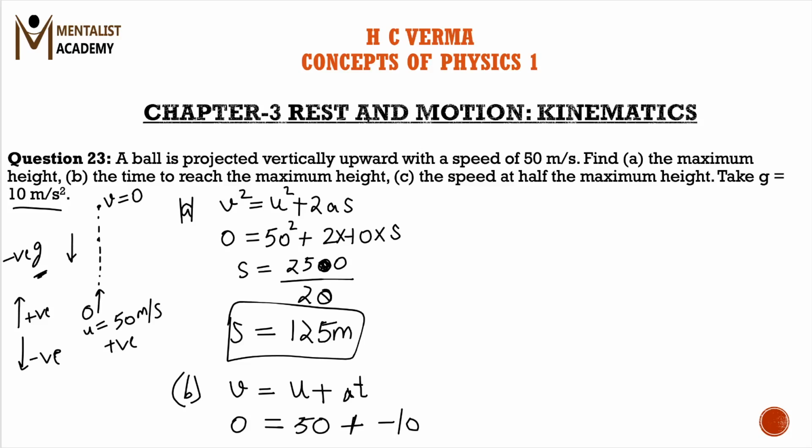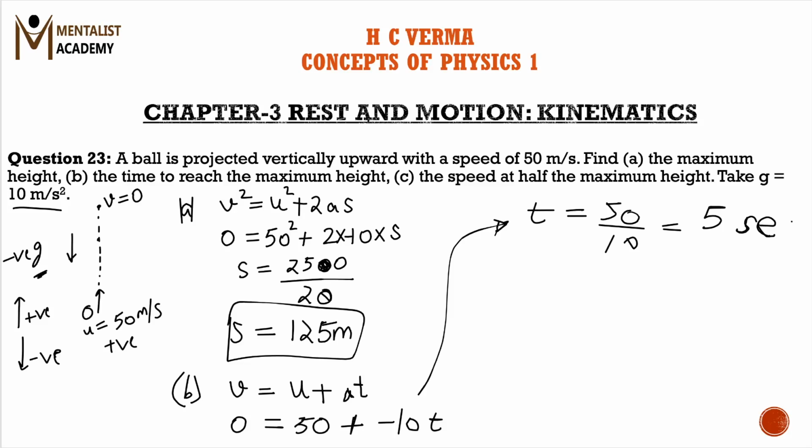So from this equation we can find the value of t. T would be equal to 50 upon 10, that is equal to 5 seconds. So it would take 5 seconds for the ball to reach the maximum height.